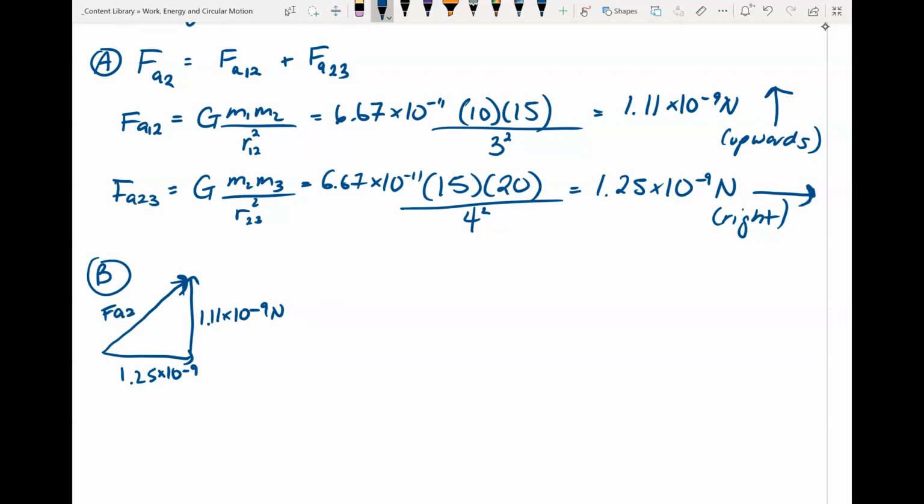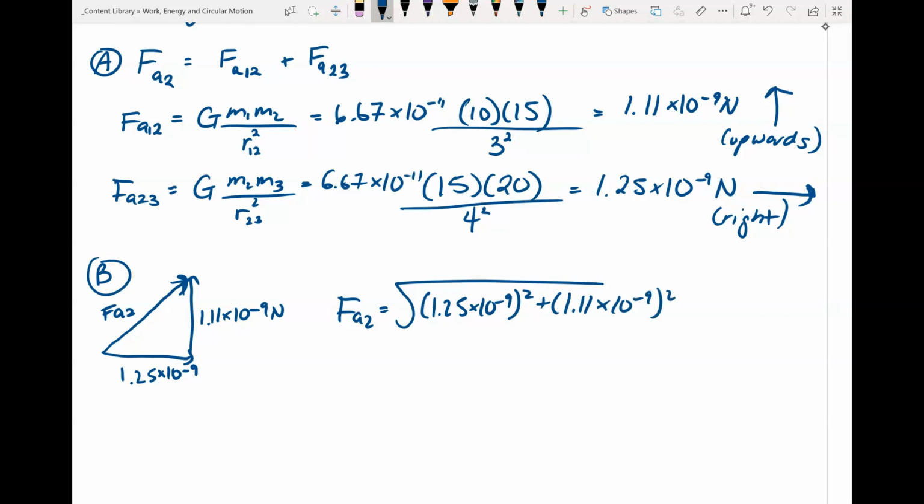So I'm going to use Pythagoras to find that missing side of our vector triangle. So Fa2 is the square root of 1.25 times 10 to the power of negative 9 squared plus 1.11 times 10 to the power of negative 9 squared. This is going to be 1.67 times 10 to the power of negative 9 newtons.